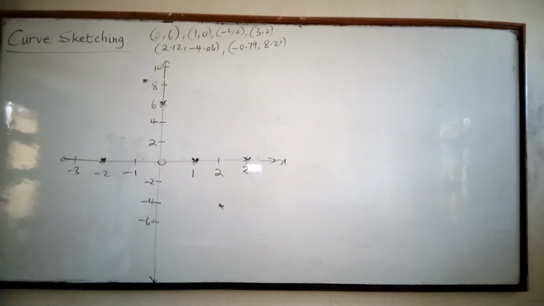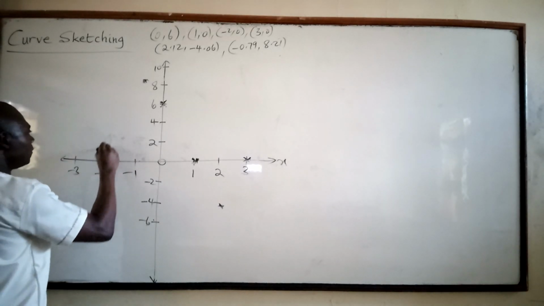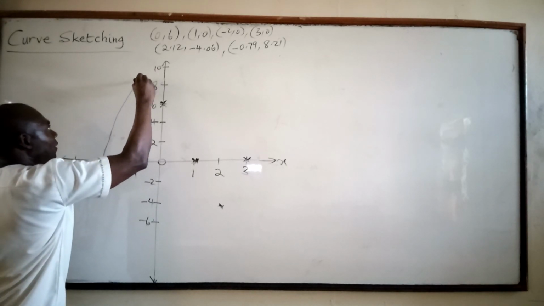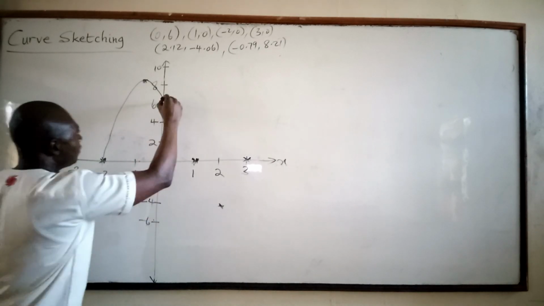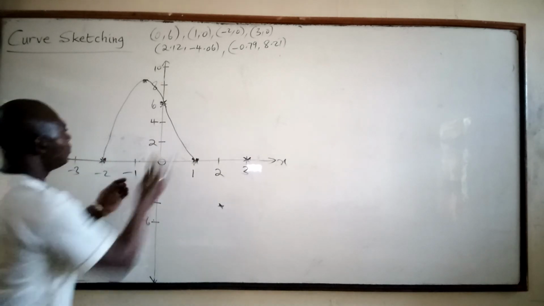Isn't it? So we are now going to sketch the curve. So from here to here, and then you come and meet this one here. Then bring this one to this one, this way.